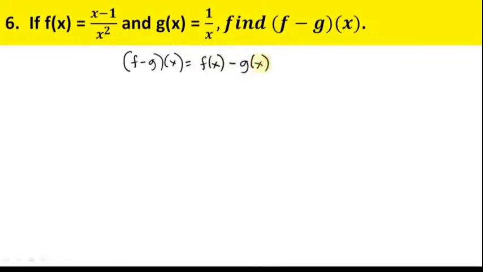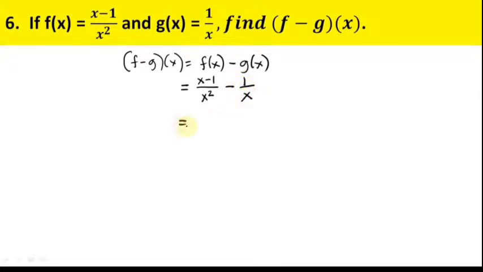Distribute lang natin yung value ng f of x. So ang value ng f of x is x minus 1 over x squared subtract the value of g of x, that is 1 over x.